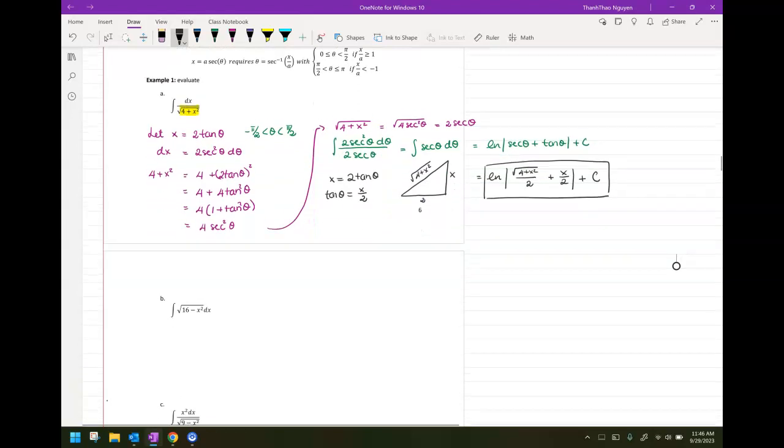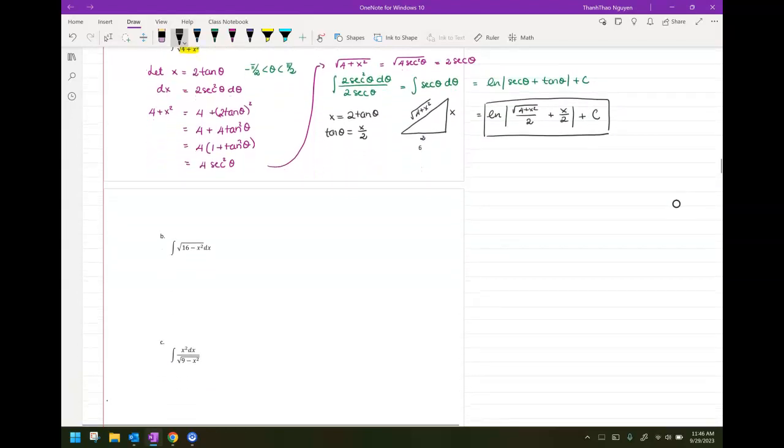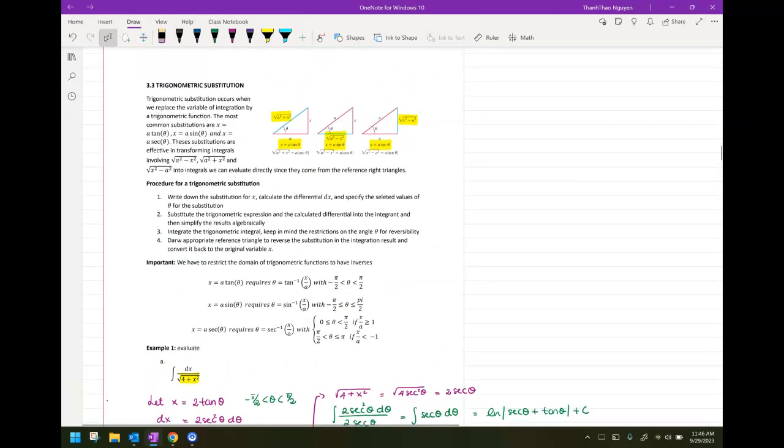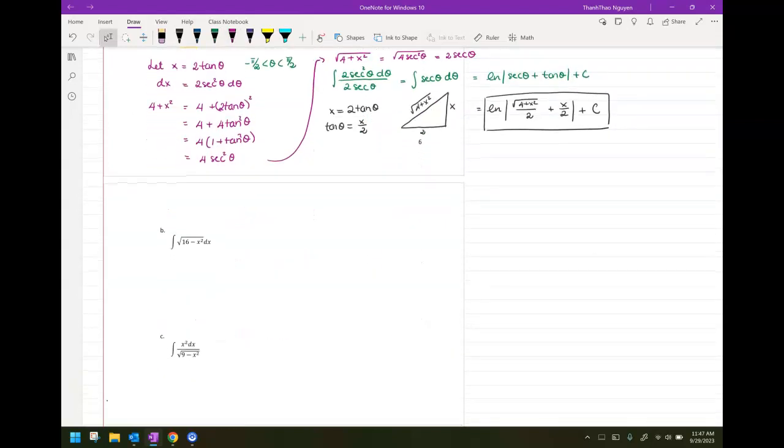Take a look at the next one. I have the integral of the square root of 16 minus x squared dx. So let's consult our reference. Now we have the root and we have a squared minus x squared, so we want to use the substitution x equals a sine theta. So we go ahead and let x equal 4 sine theta, and theta is between negative pi over 2 and pi over 2.